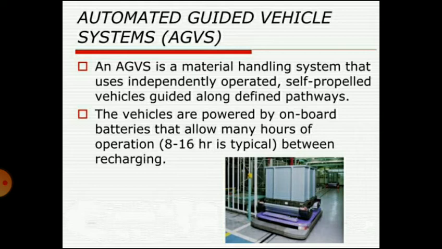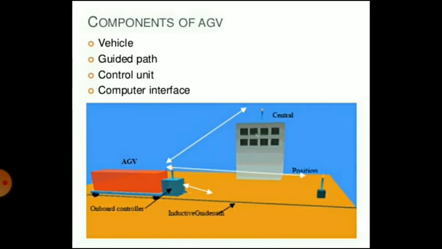Generally, it is 8 to 16 hours between recharging. The definition of the pathways is generally accomplished using wires embedded in the floor or reflective paint on the floor surface. So guidance is achieved by the sensors on the vehicles that can follow the guide wires or paint.